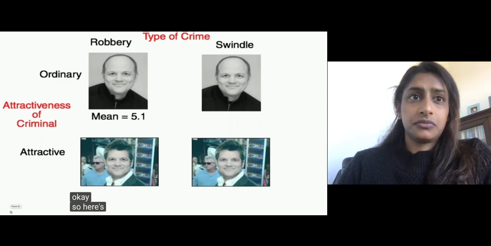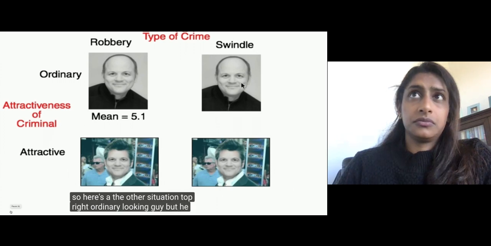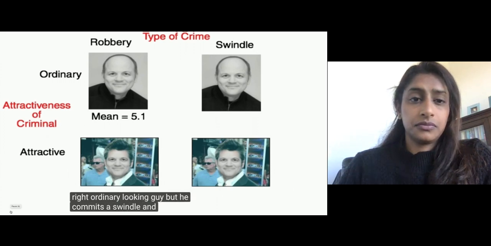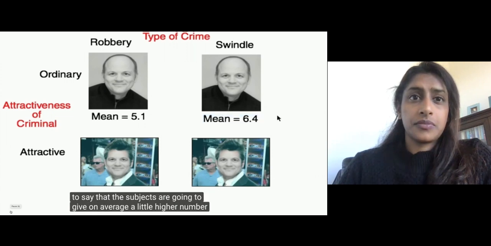Okay, so here's the other situation, top right. Ordinary looking guy, but he commits a swindle. And so now I'm going to say that the subjects are going to give, on average, a little higher number of months in prison, 6.4 months. Okay, interesting.